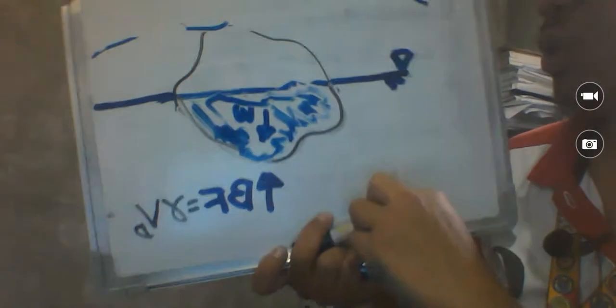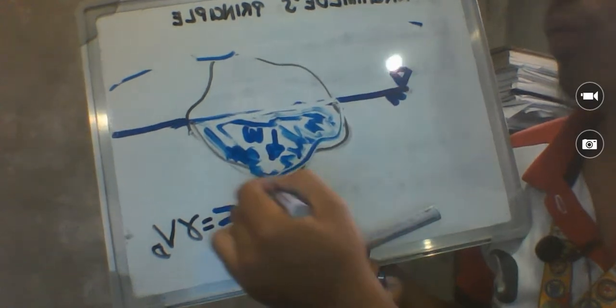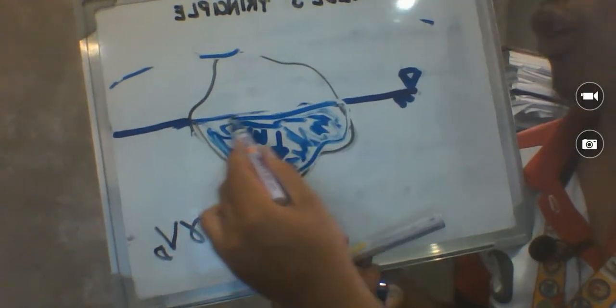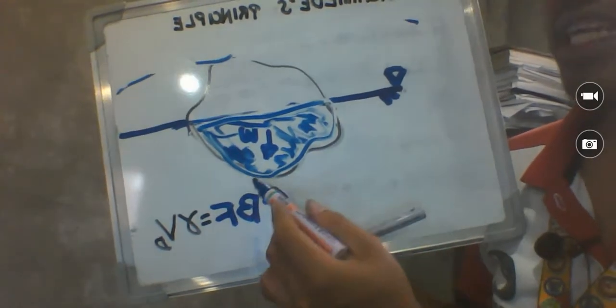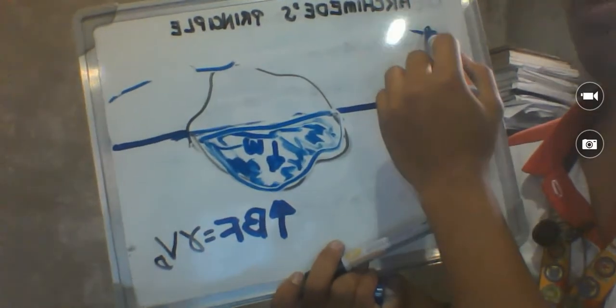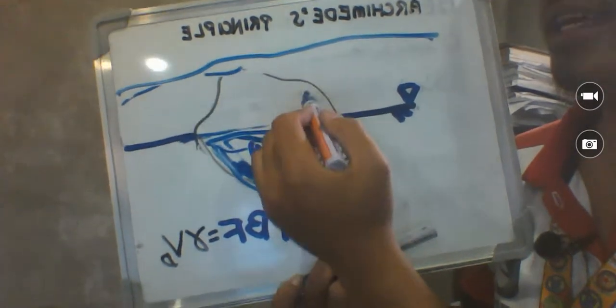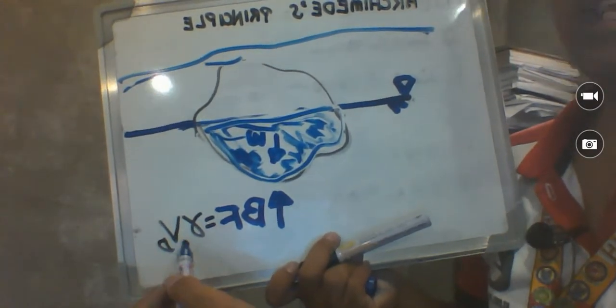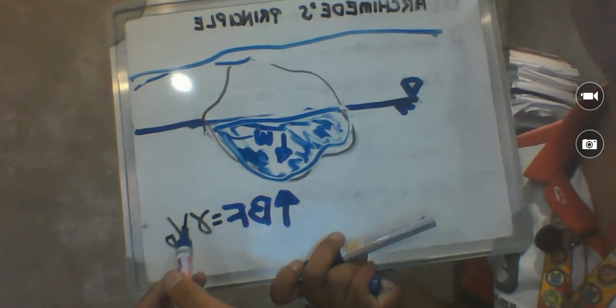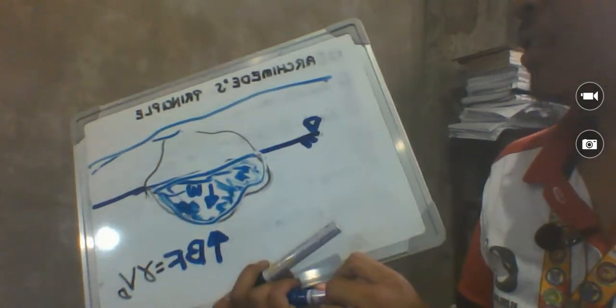For example, yung volume na ibig sabihin dito is itong part na ito, itong nakalublob sa tubig. So that is the volume displaced that we are referring to. Pero kung yung body is fully submerged, yung volume displaced is equal to the total volume of the iceberg. So yan yung concept behind the principle of Archimedes.